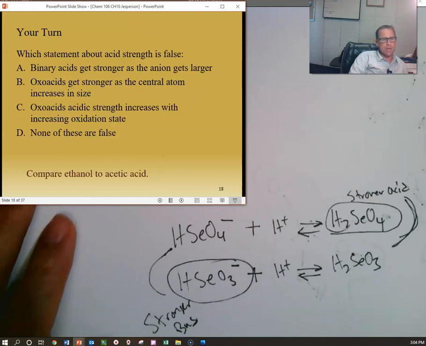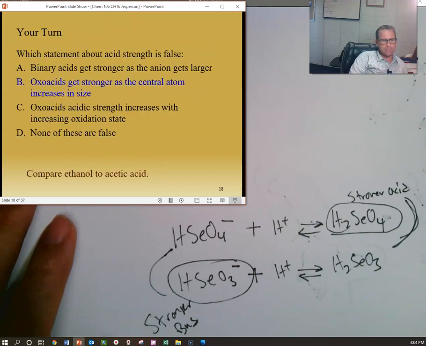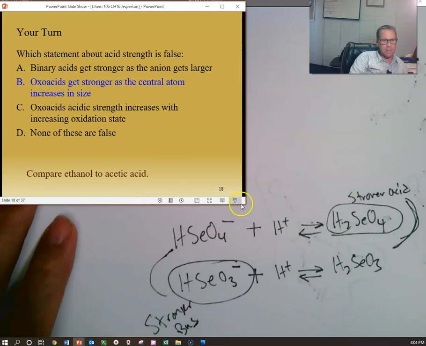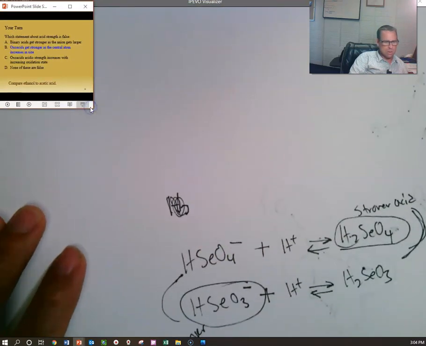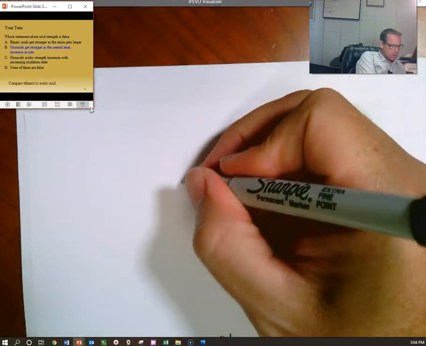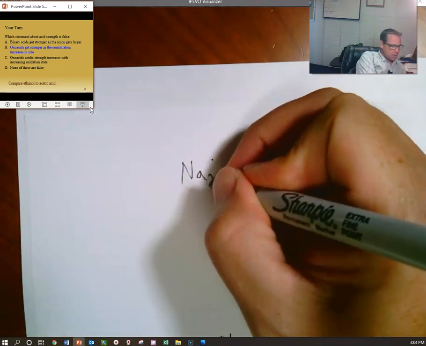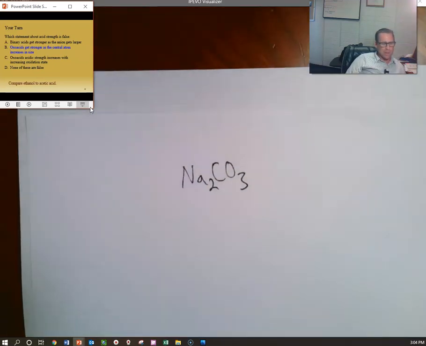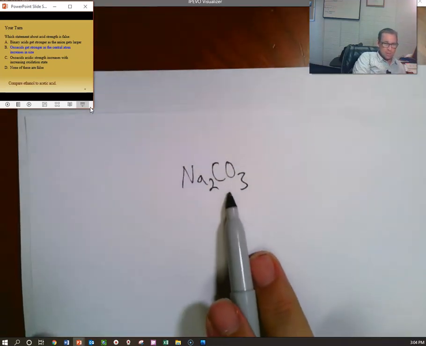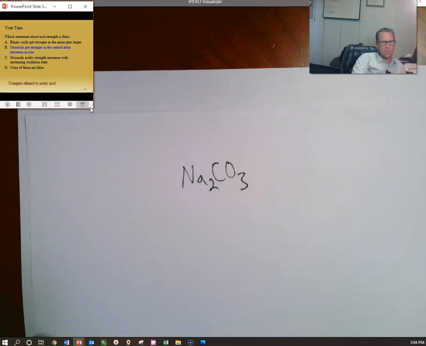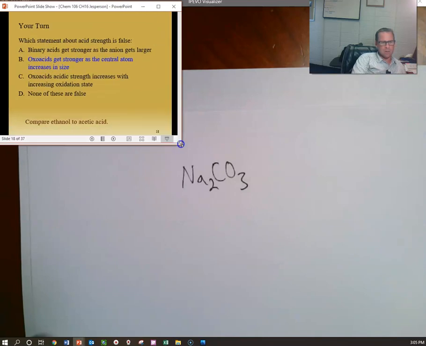All right, so that also means that if we take a salt like this salt here, Na2CO3. This is a salt. Solubility. Do you guys remember solubility at all? That was a long time ago.